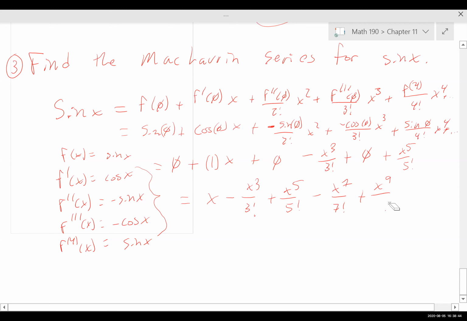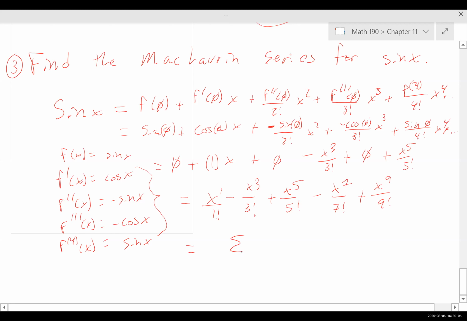Hopefully you can see the pattern. It is alternating, and it's the odd powers and the odd factorials.